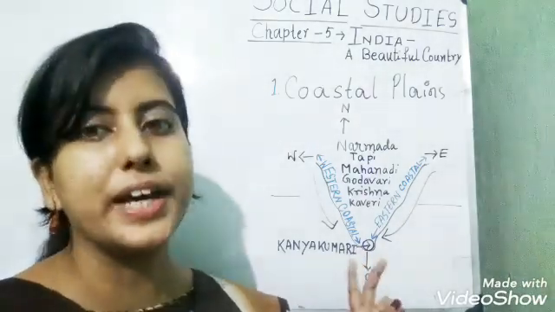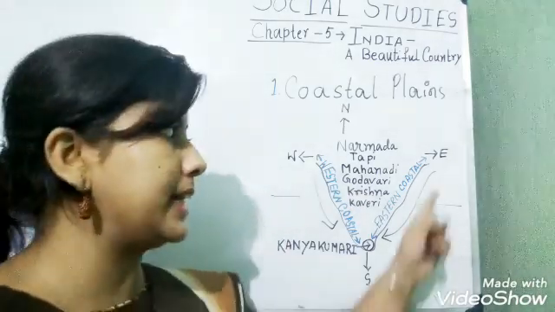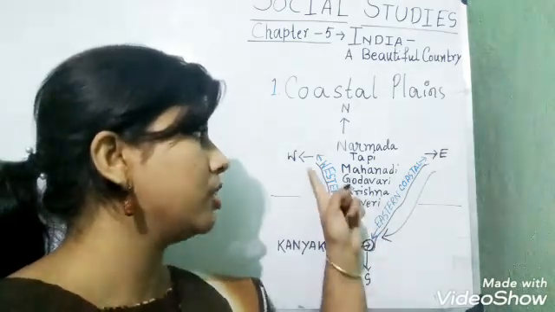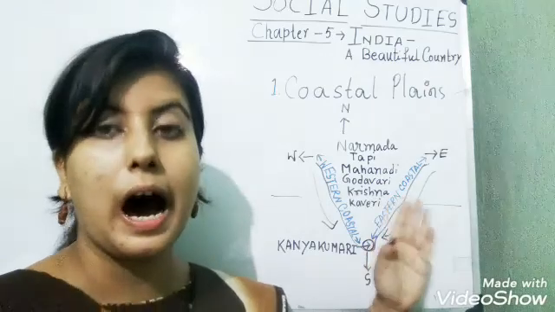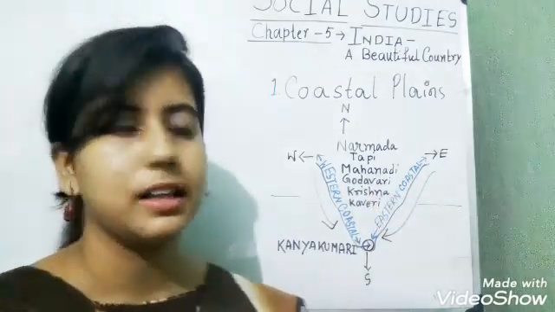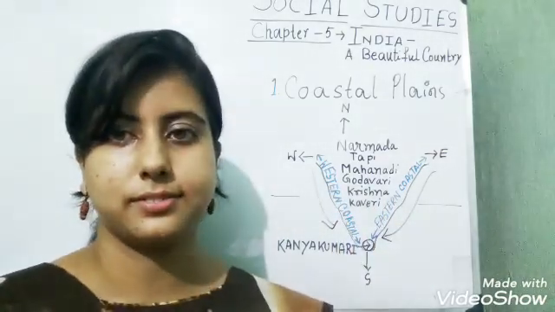So we have two coastal plains, the Eastern Coastal Plain and the Western Coastal Plain. And these rivers are all the rivers of South India. They flow through these coastal plains.